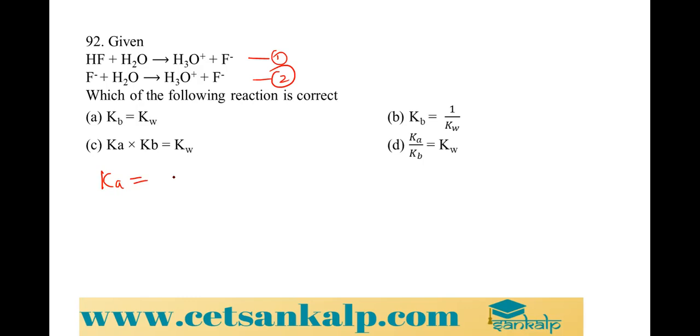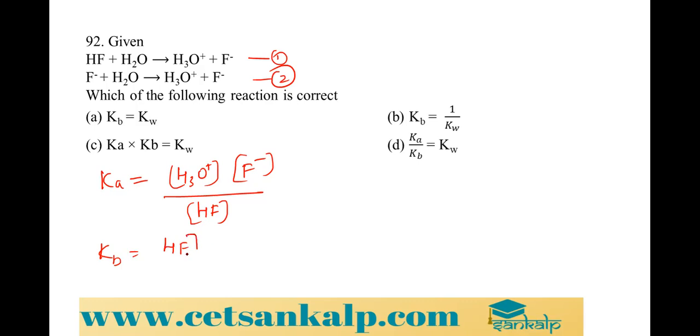Then Ka is equal to H3O plus into F minus whole divided by HF concentration. In the same way Kb is equal to HF into OH minus divided by F minus.